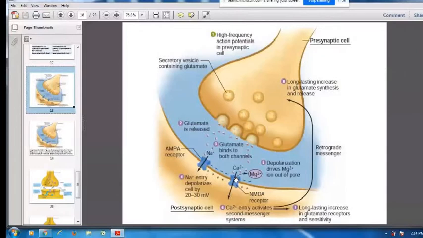Do remember calcium, very important. So by the depolarization of the AMPA receptor, the magnesium lock is removed from the NMDA receptor, and calcium ions enter the postsynaptic cell.